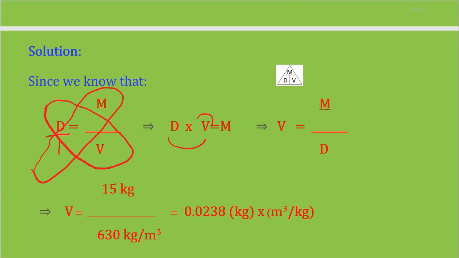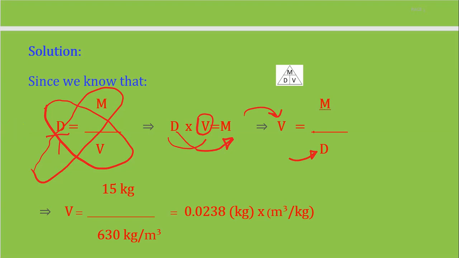And you have to find out v, then d has to go into the denominator, and the formula will be rearranged as v equal to m over d. So that d will come as a denominator.